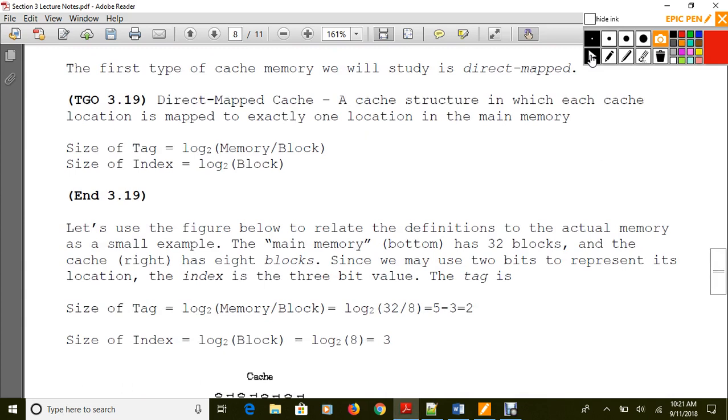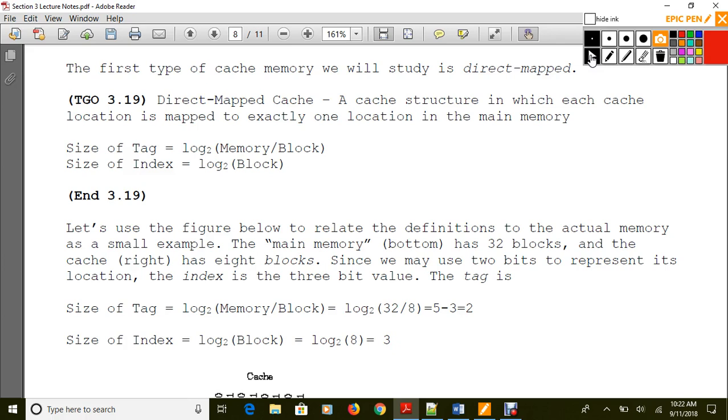So first we're going to go over direct, and then we're going to go over two-way set associative. The example I just showed you of that swap from 7 to 31 is an example of a direct mapped cache: a cache structure in which each cache location is directly mapped to exactly one location in the main memory. In that case, I use the index to tell me that location.